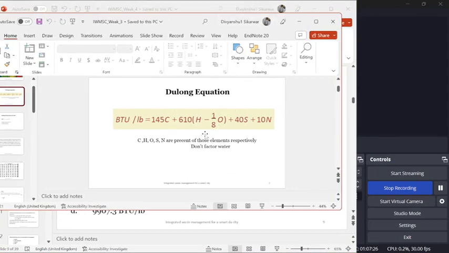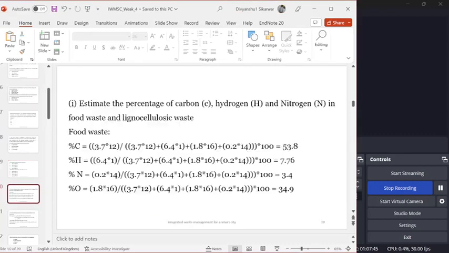Dulong's formula is 145 into C plus 610 into (H minus O by 8) plus 40 times sulfur plus 10 times nitrogen. All the values are directly in percentage. For the first question, we have calculated the percentage of carbon, hydrogen, nitrogen, and oxygen.